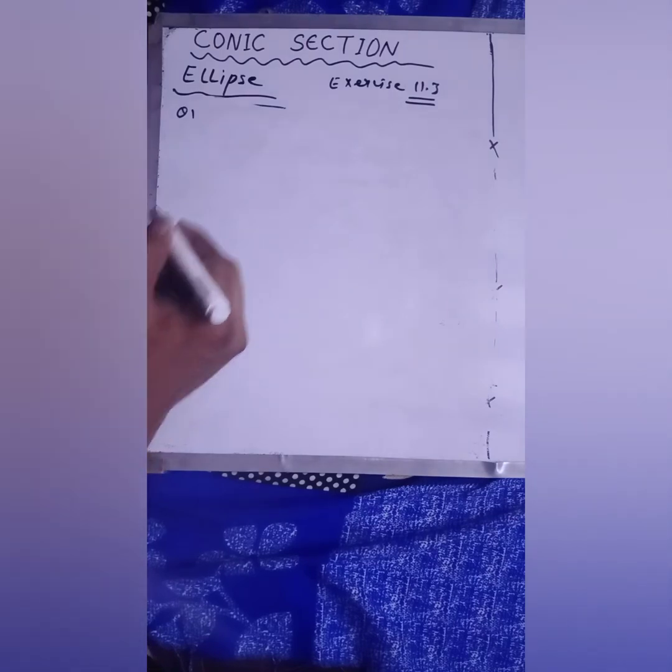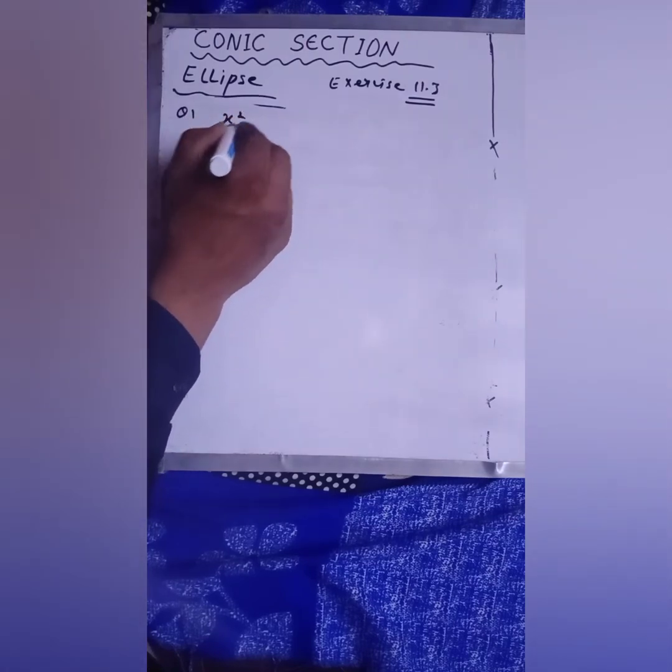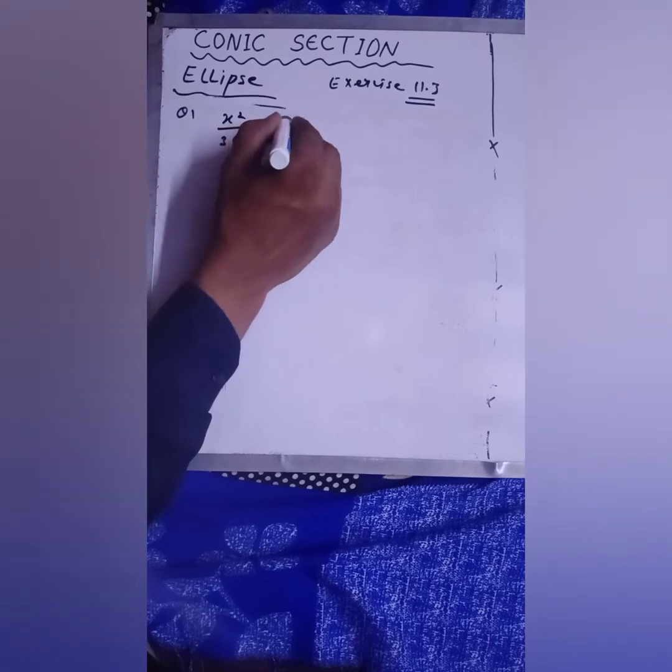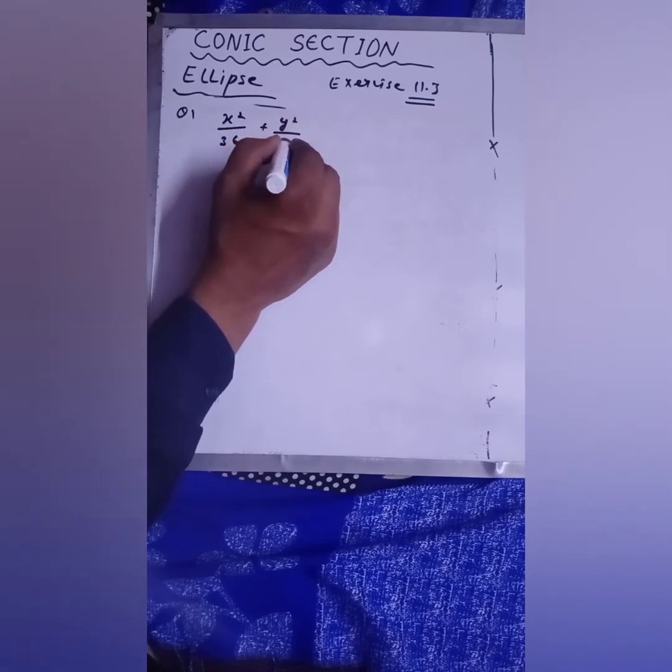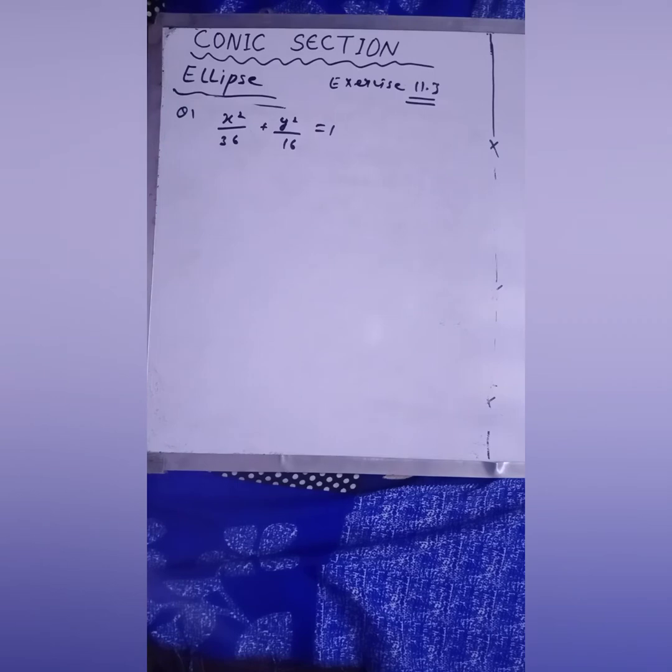Okay, so here the equation of ellipse is given to you: x square over 36 plus y square over 16, that is equals to 1. So this question is given to you, and you have to find out the coordinates of the foci, vertices, length of major axis, length of minor axis, eccentricity, length of latus rectum also.